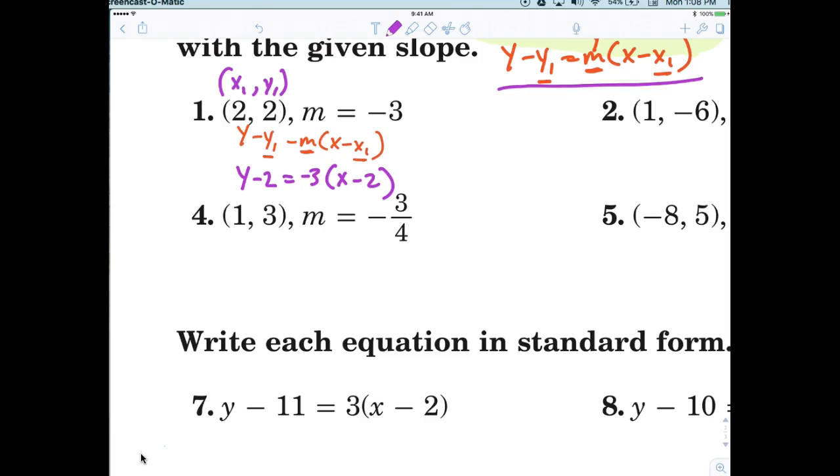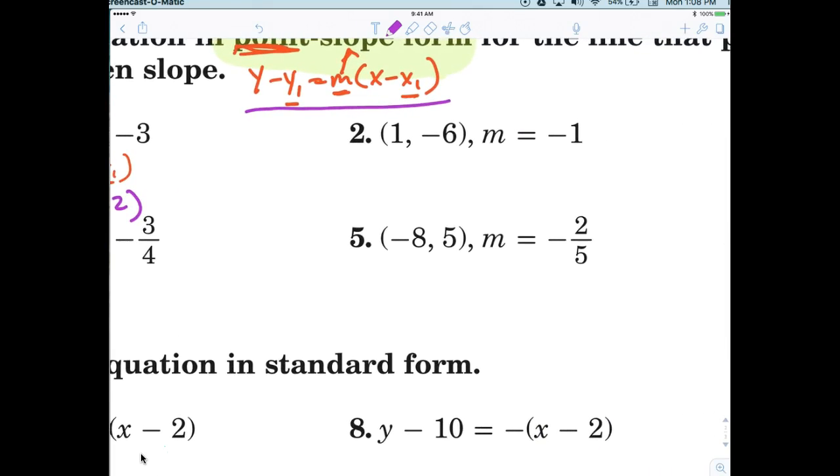All right, so now let's look quickly at number 2. I'm going to write the equation for number 2. When I write the equation, I'm going to write it out so you can see it, but you don't have to write this step out.